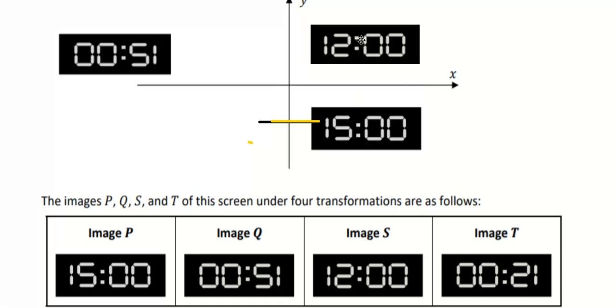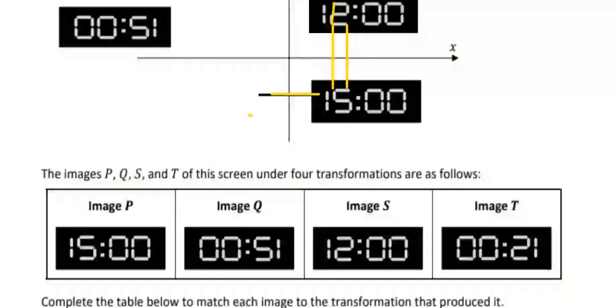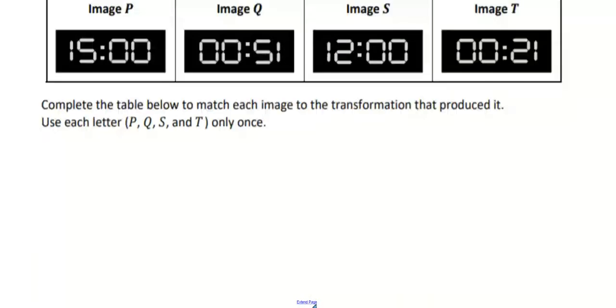If we were to reflect it like a mirror in the x-axis, these two will be mirror images of each other. Because you can see the 2 and the 5 are the main ones to look at. The 2 and the 5 give it away, really. They are mirror images of each other, okay? So image S is reflection, or axial symmetry, in the x-axis.